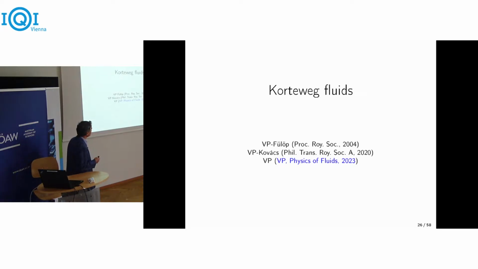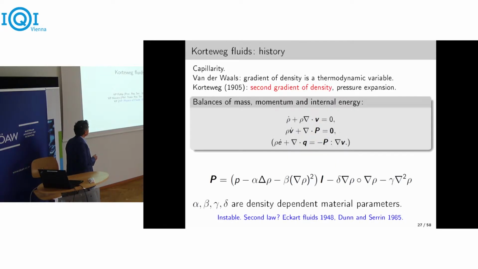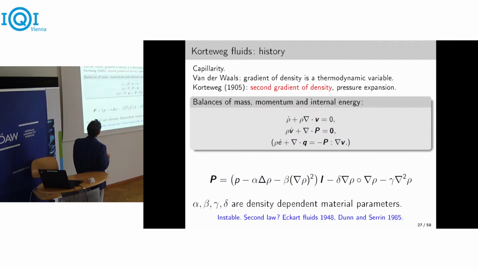It's about Korteweg fluids, because this kind of extension has been known for a long time in capillarity. Actually, it was the pupil of van der Waals, Korteweg. It's not the Korteweg-de Vries equation. It's another point: he introduced the second gradient of density into the pressure, and assumed that the pressure depends on the thermostatic pressure and also several derivatives of the density.